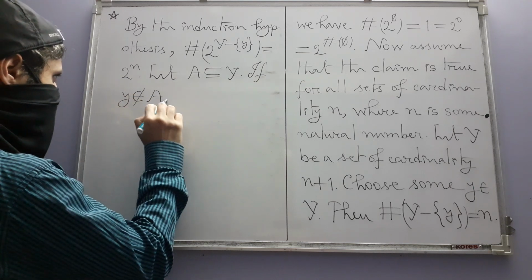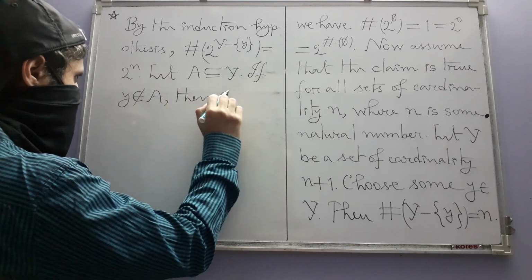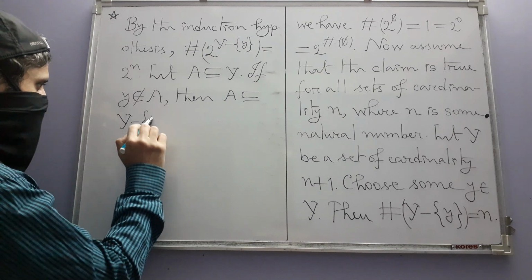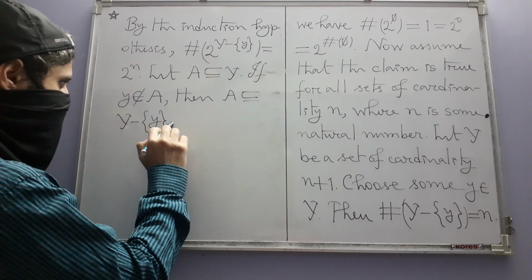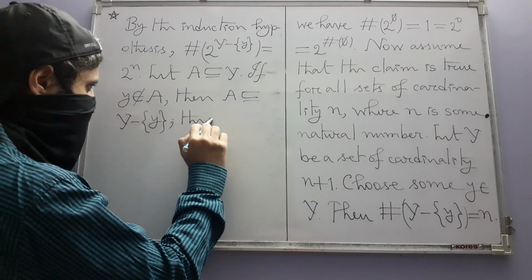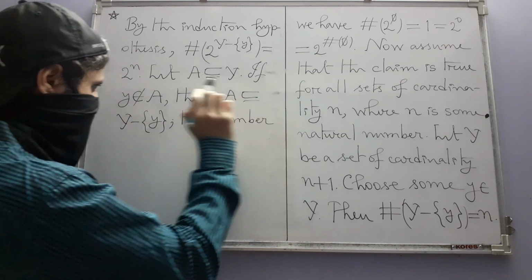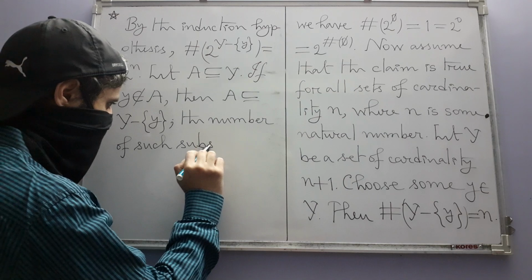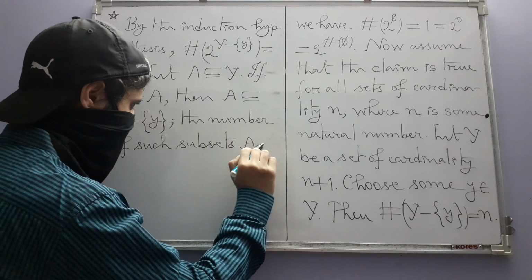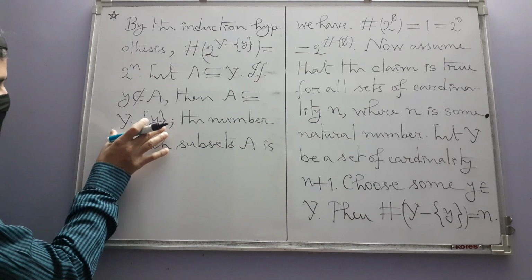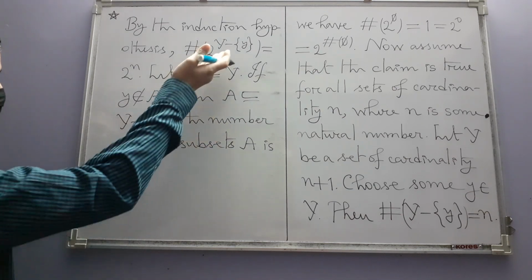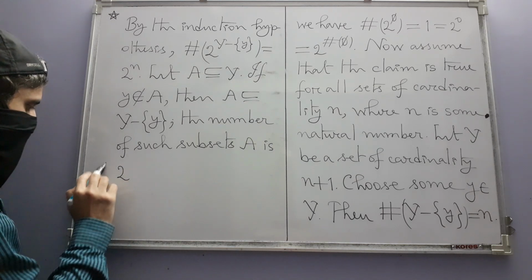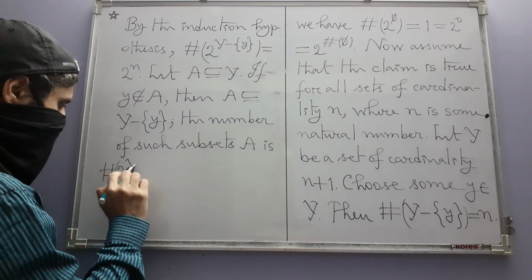If y does not belong to A, then obviously A is a subset of Y minus y, and the number of such subsets A is obviously the number of subsets of this, which we already know. This is 2 to the power n. Let's write this also.